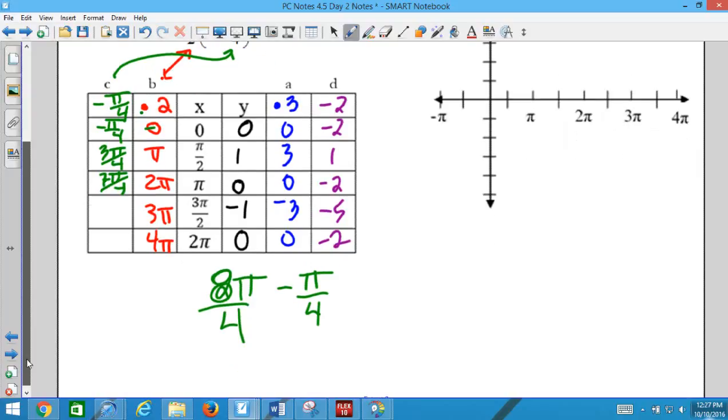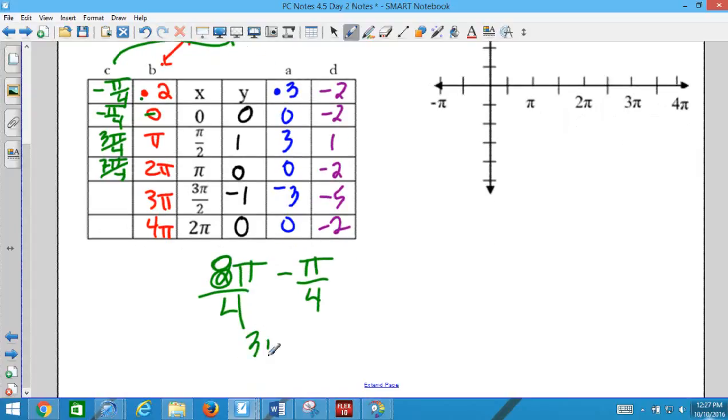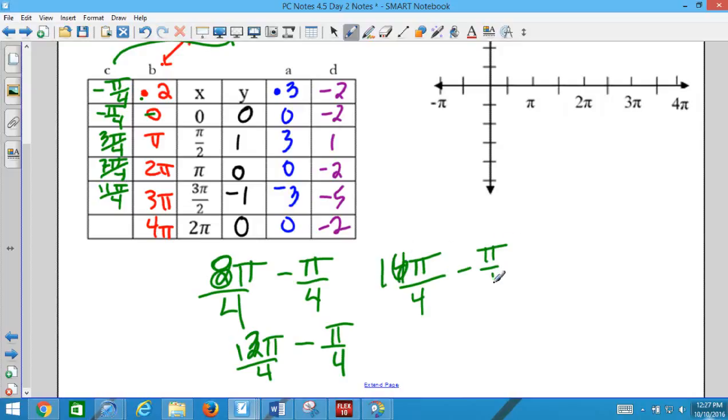So if I'm doing 3 pi, then I'm going to change that 3 pi into 12 pi over 4 and get 11 pi over 4. If I'm doing 4 pi, 16 pi over 4, I change it into 16, and I get 15 pi over 4. You can also look, and it should be increasing by the same amount each time.